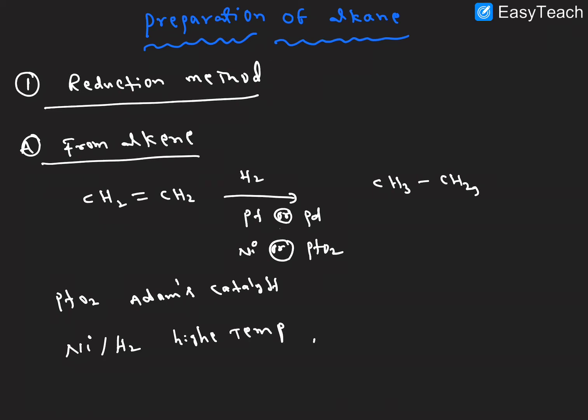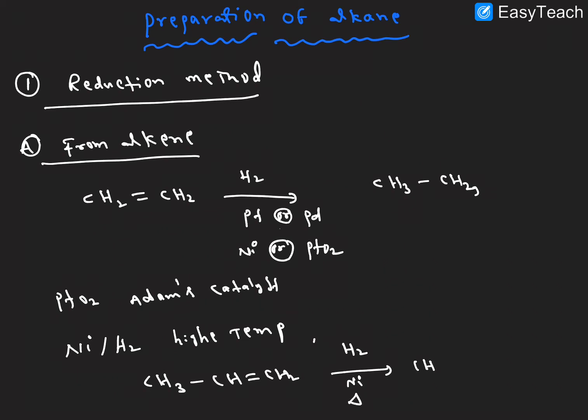Whenever the alkene is treated with nickel in the presence of hydrogen gas, this reaction is called the Sabatier-Senderens reaction. For example, I'm taking CH3, CH double bond CH2 and treating it with hydrogen gas in the presence of nickel at high temperature.